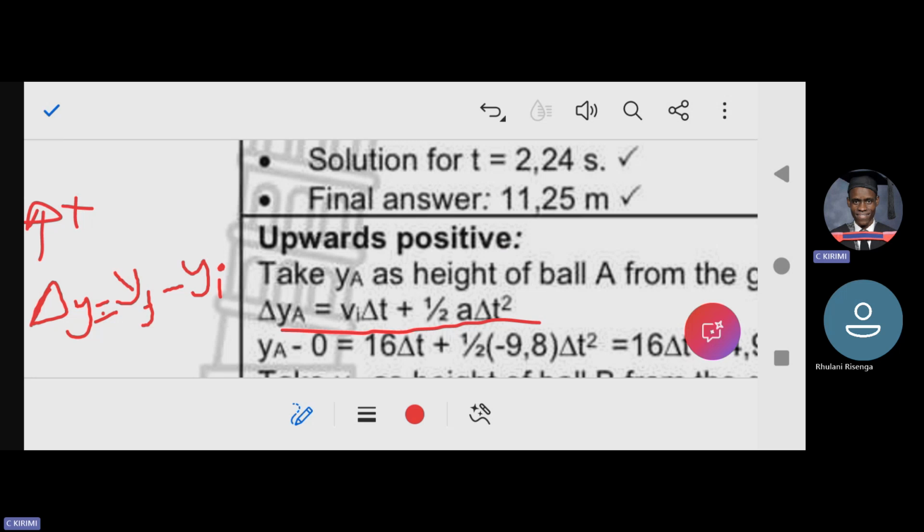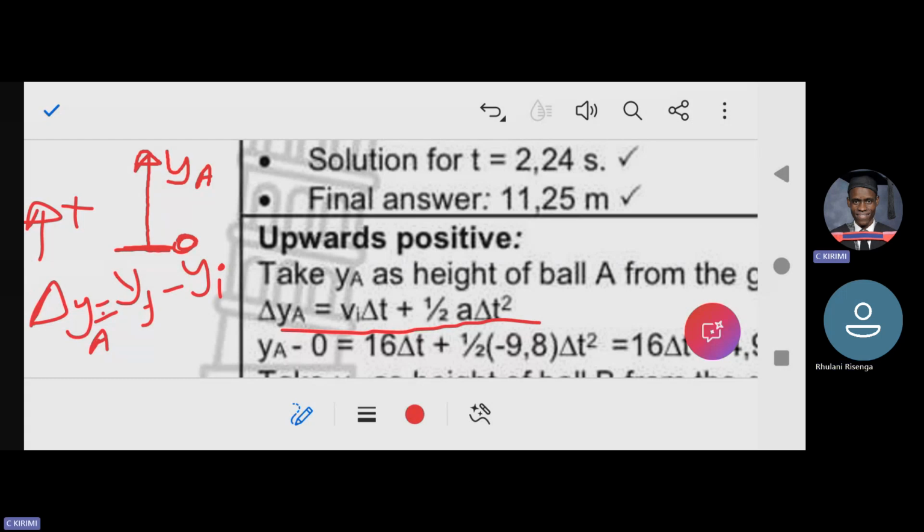Is that correct? Yes. As the ball is projected upward, any height it reaches as it goes upwards, we call that value Y final, just YA. Then Y initial is where the ball is starting from, which is 0. Is it clear? Yes.